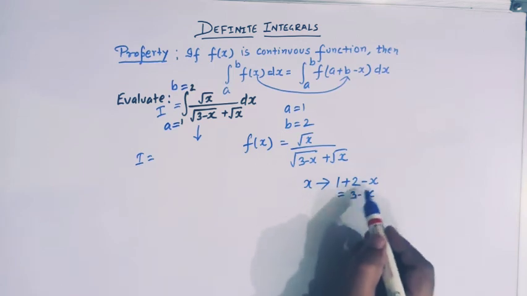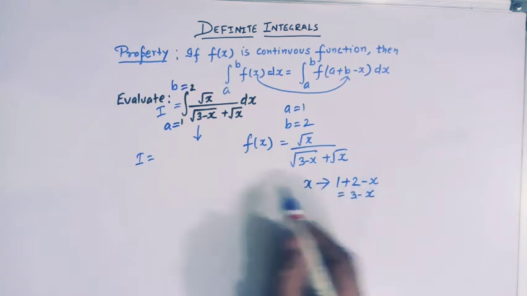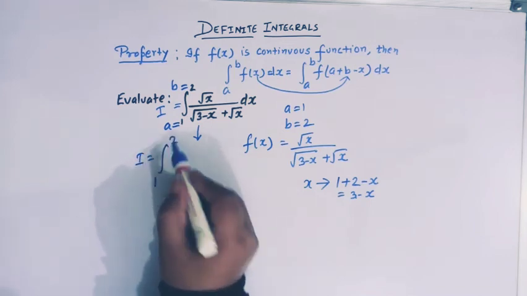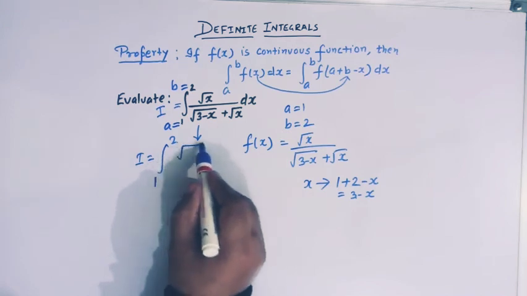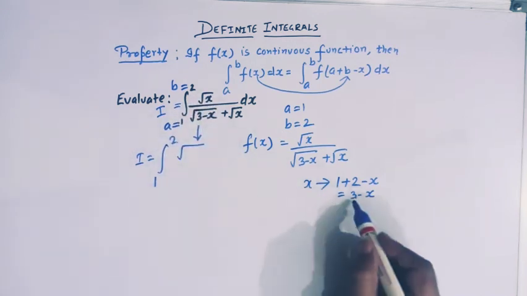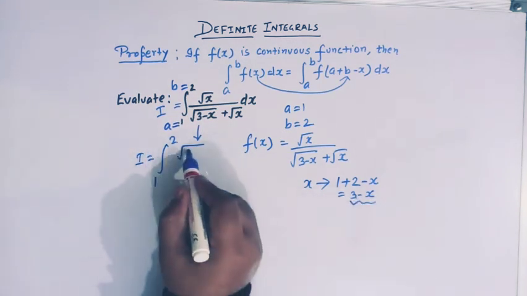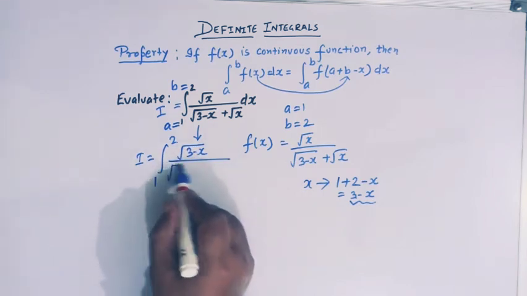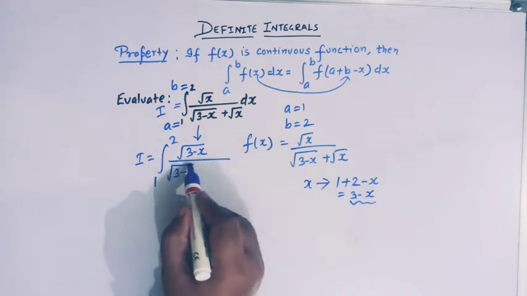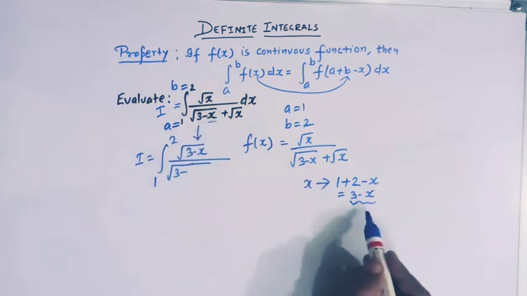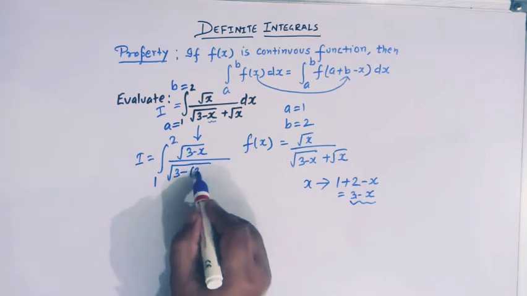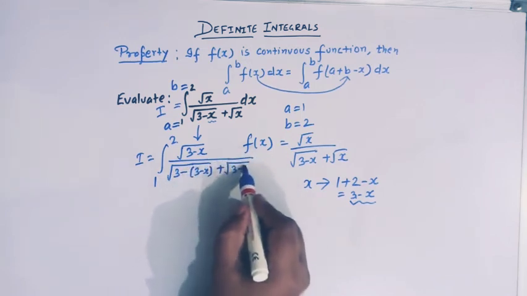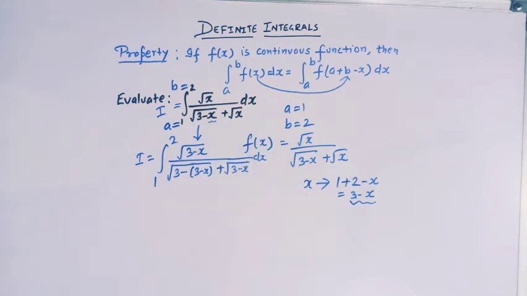So we write the integral from 1 to 2 of square root of 3 minus x, divided by square root of 3 minus x plus square root of 3 minus x, and dx.